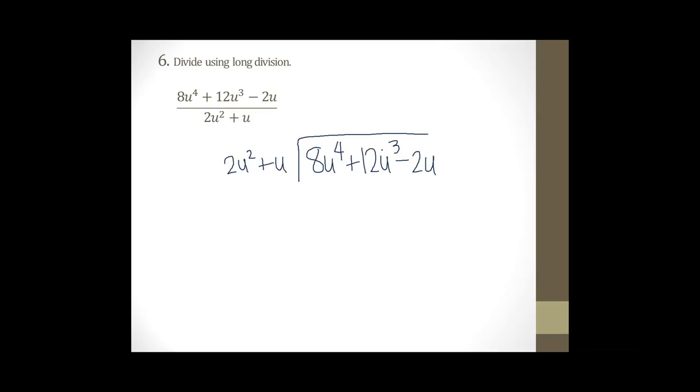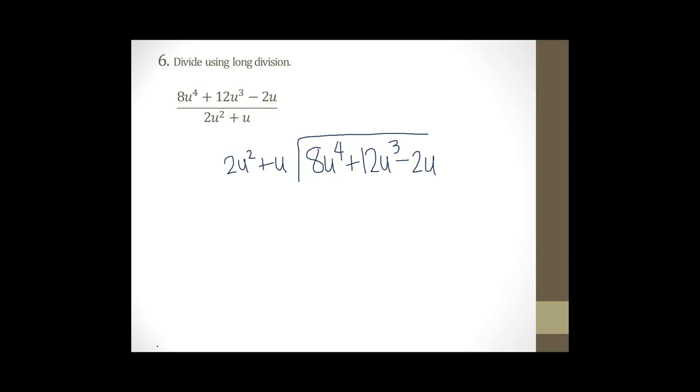Now, we want to make sure, and I just noticed this, when we divide using long division, you want to make sure that your exponents are in decreasing order, and you want to have representation of all of the terms. So if you notice, we actually are missing a u squared term here.